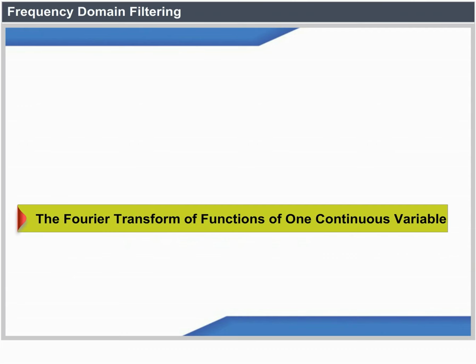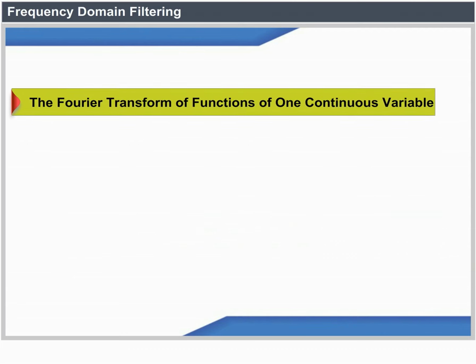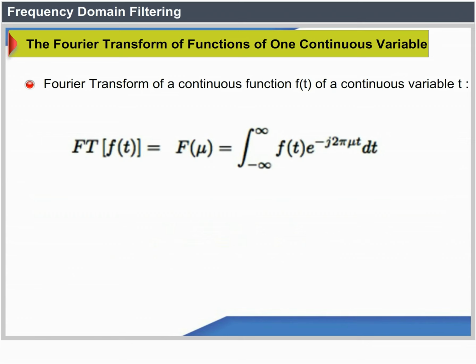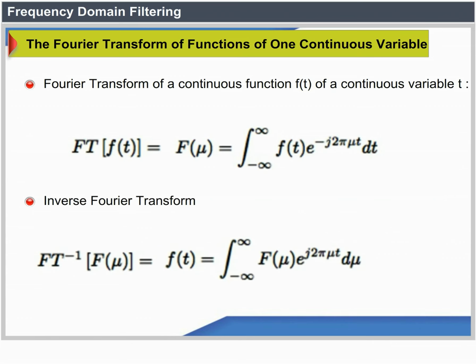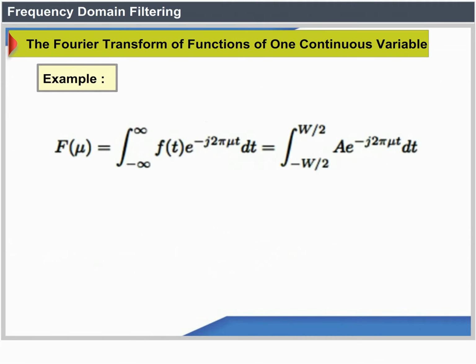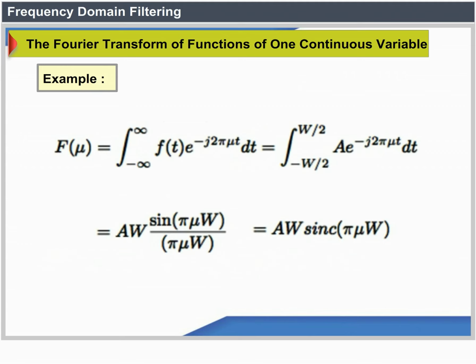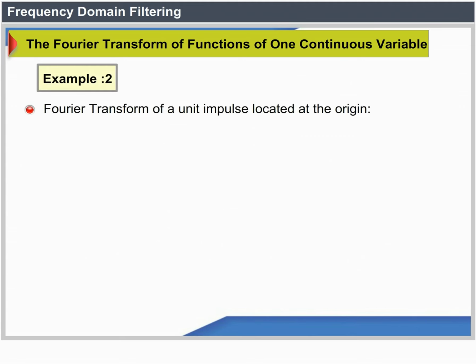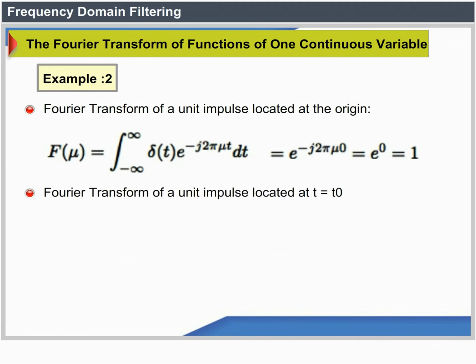Fourier transform of a unit impulse located at the origin is as shown on screen. Periodic function with period delta t will be as shown on screen. Convolution. Convolution of functions f of t and h of t of one continuous variable t will be as shown on screen.